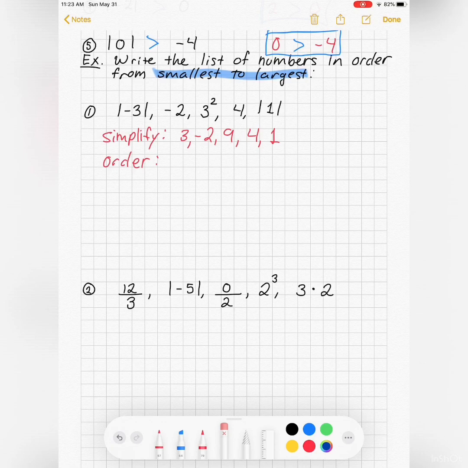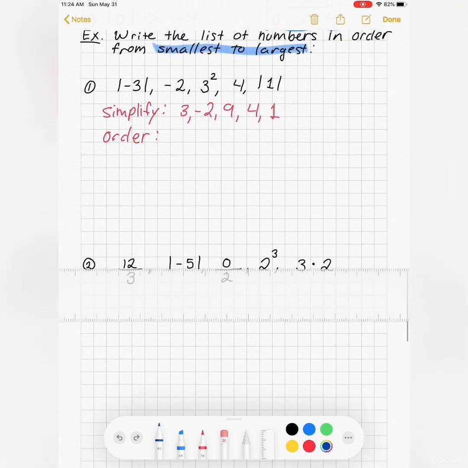Okay, so for this, it seems like a number line might be helpful. Here's how I'm going to place these integers onto the number line. Maybe I'll make it even longer because I have 9 there.